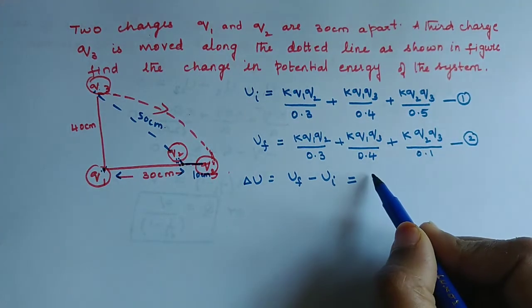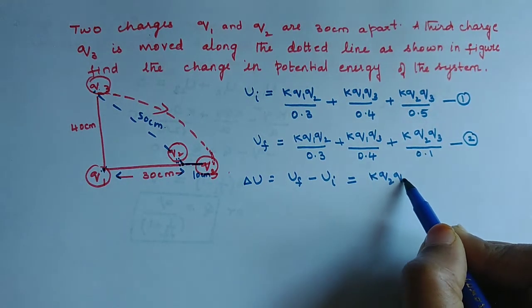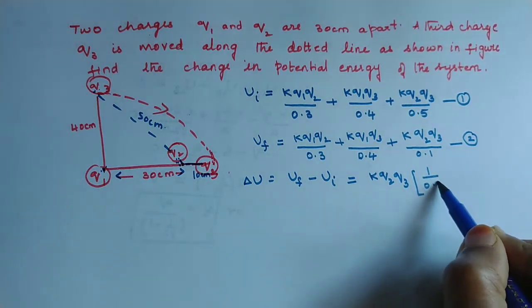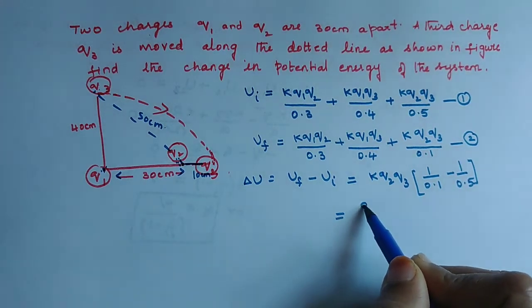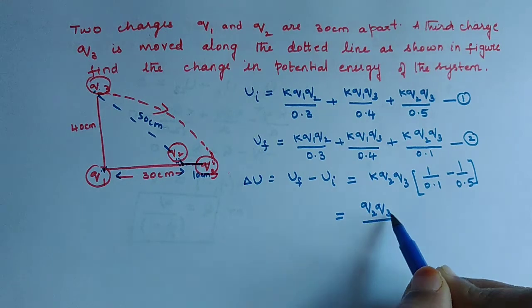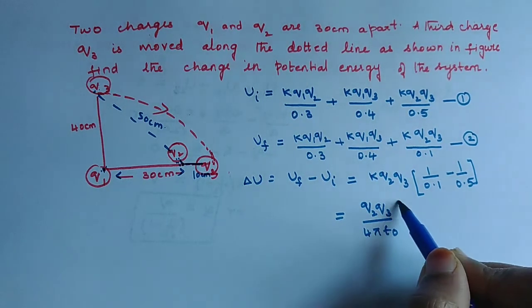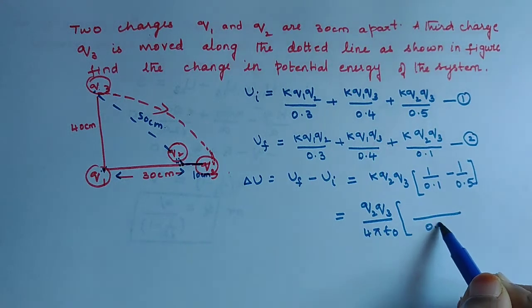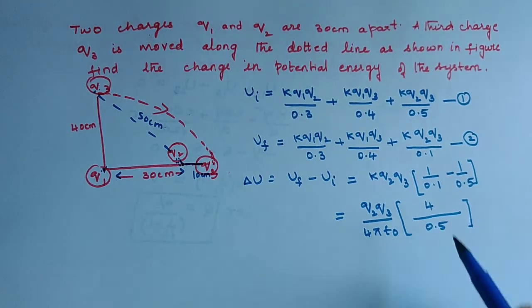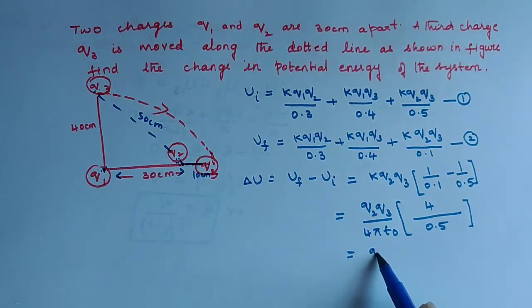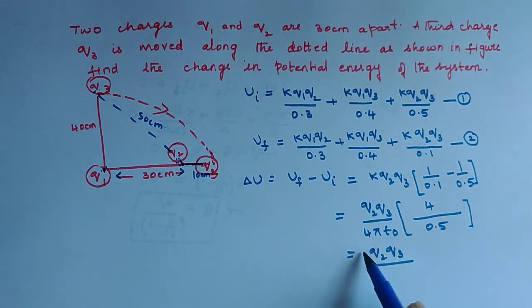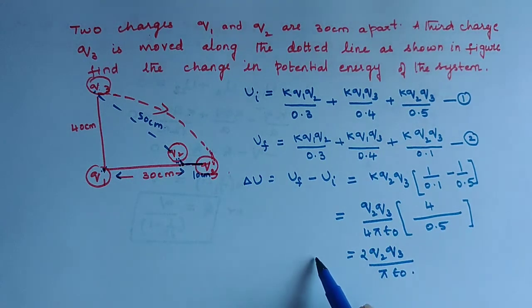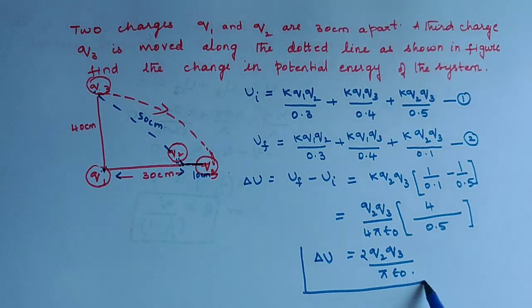So we are only left with these two values, that is K Q2 Q3 if you take out common, (1 by 0.1 minus 1 by 0.5), where K is 1 by 4 pi epsilon naught, into, simplify this, take LCM 0.5, 5 minus 1 would be 4, or Q2 Q3 by 0.5, if I write it as 1 by 2, that will be 2 Q2 Q3 by pi epsilon naught. Okay, so this would be the change in potential energy.